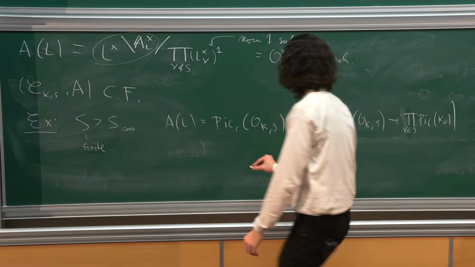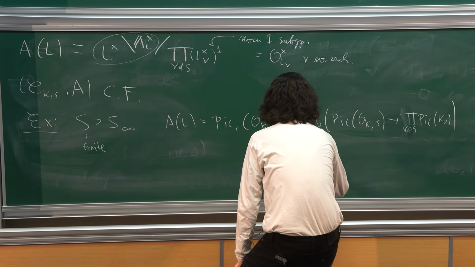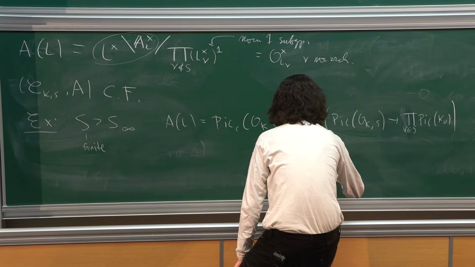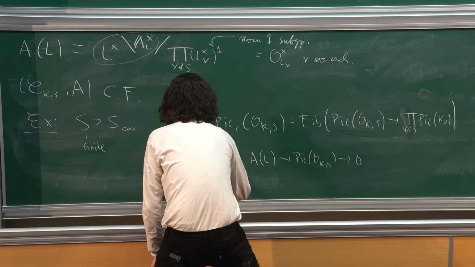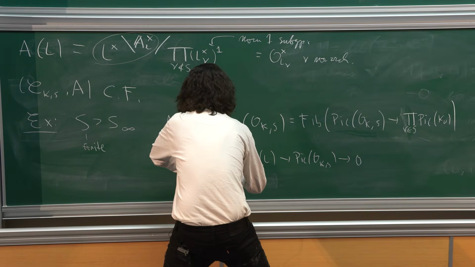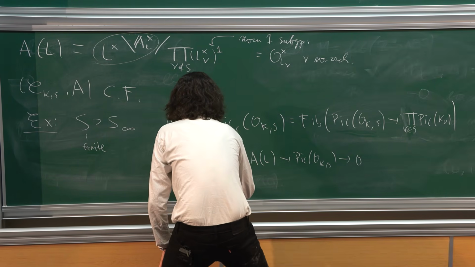And in particular, there's a useful exact sequence. So the class group goes to the usual Picard group. Then you have the product of the local unit groups. Well, I guess I should say mu.